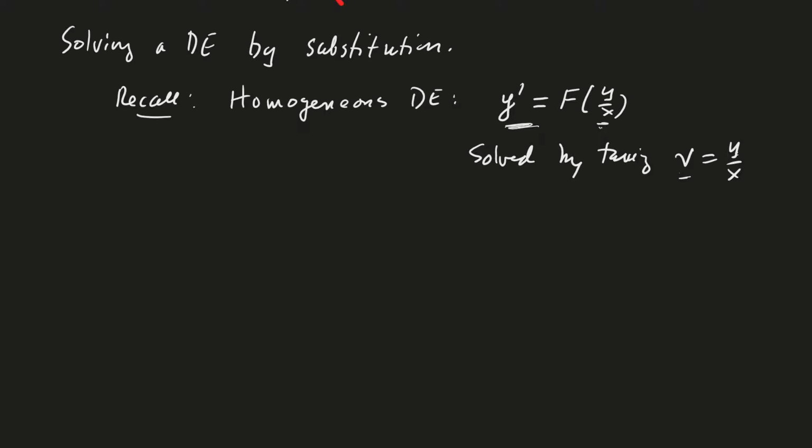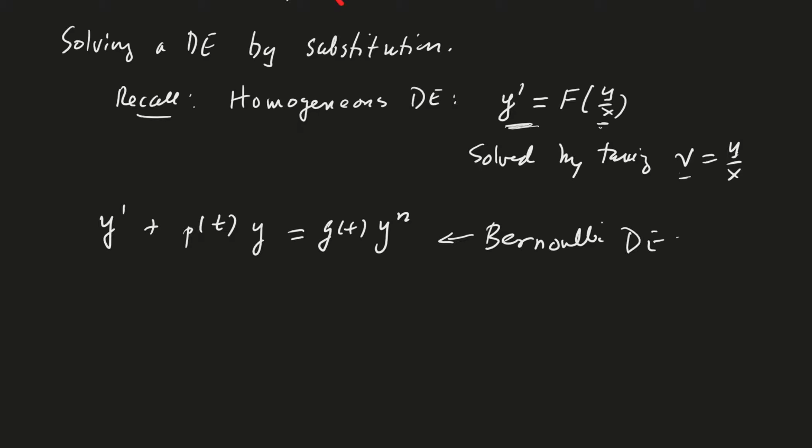Today we're going to be looking at differential equations of the form y prime plus p of t times y equals g of t times y to the nth power. And these differential equations are going to be called Bernoulli DEs.